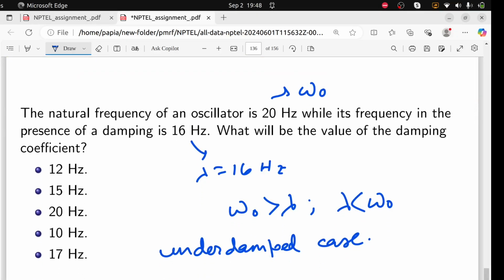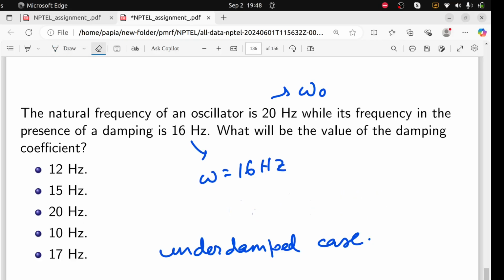Now the frequency in the presence of damping, so this means omega is 16 hertz, and they are asking what is the value of lambda. So the lambda, obviously you can see that all the options are less than or equal to 20.